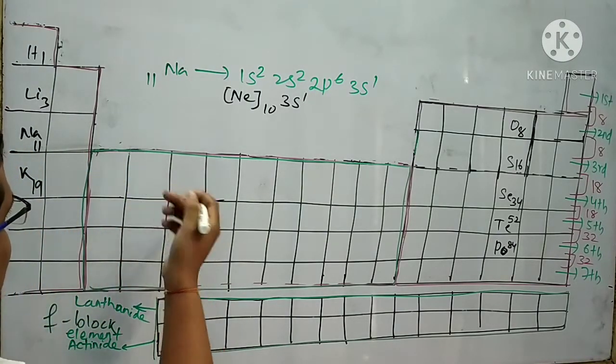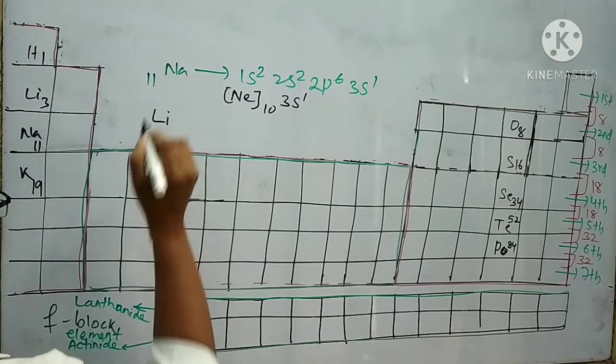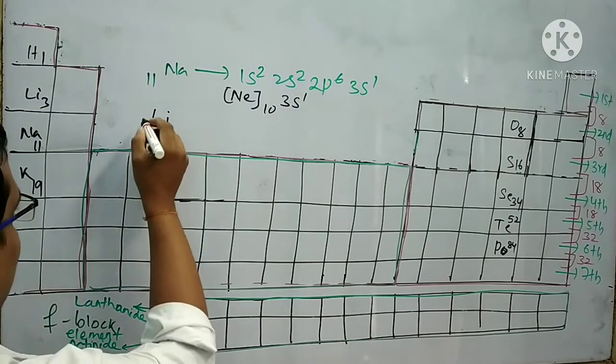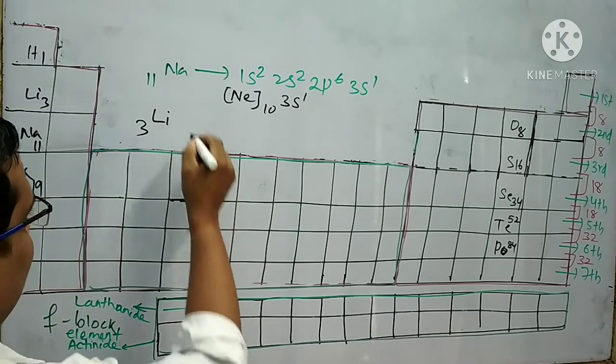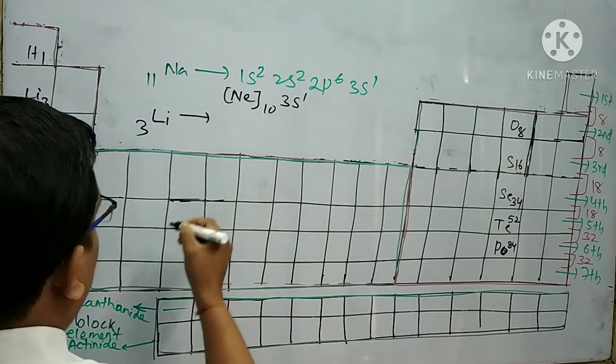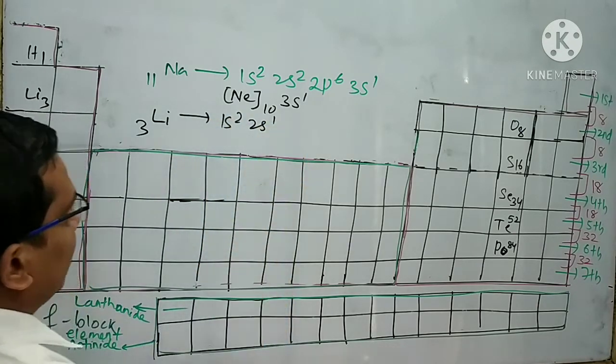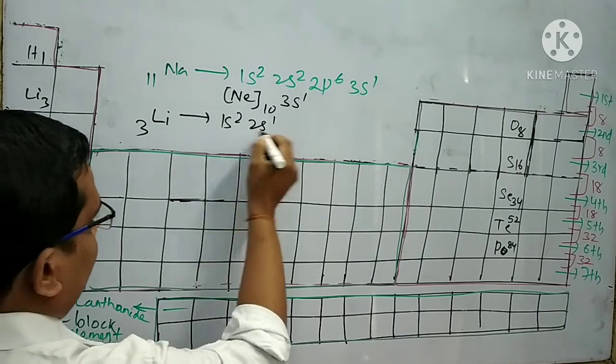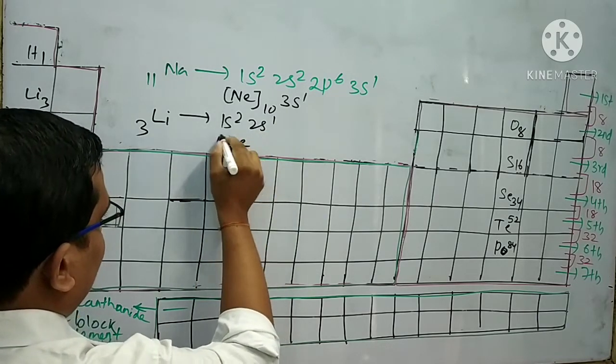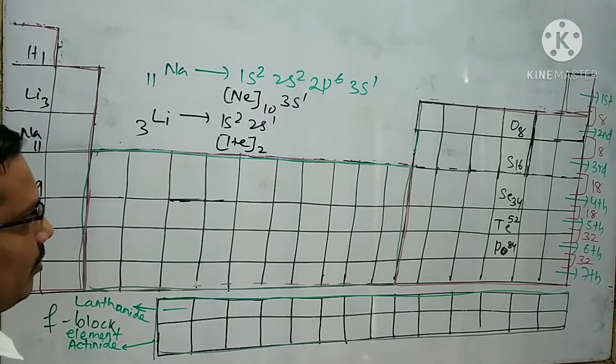Suppose I want to take another example, lithium. The atomic number of lithium is 3. The electronic configuration of lithium is 1s2, 2s1. 1s2 belongs to helium having atomic number 2.